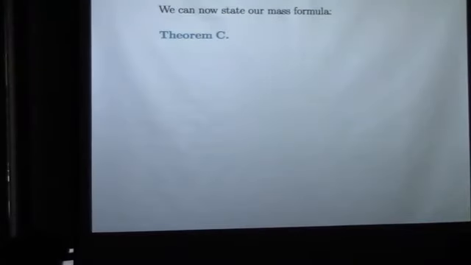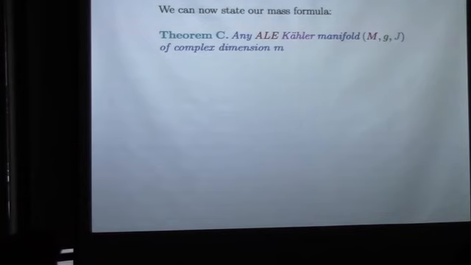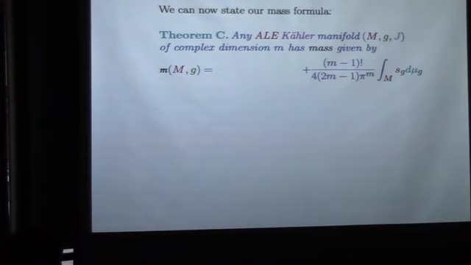All right, so once we have that piece of notation, I can state the main theorem, which is on any ALE Kähler manifold, and now it's no longer assumed to be scalar-flat, on any ALE Kähler manifold of complex dimension m, the mass is given by, well, it has a term that involves the integral of the scalar curvature times a certain coefficient depending upon the dimension.